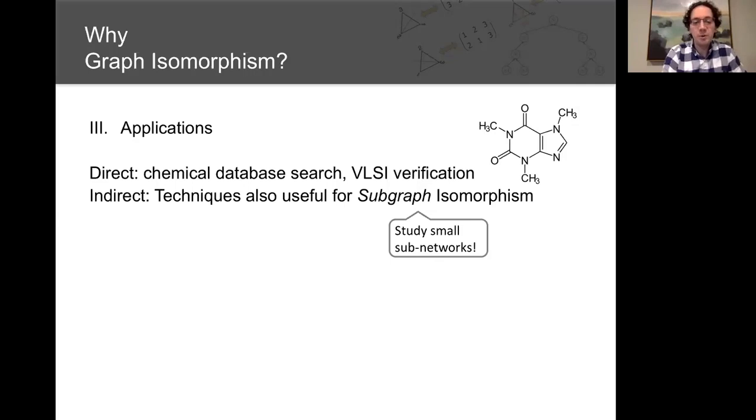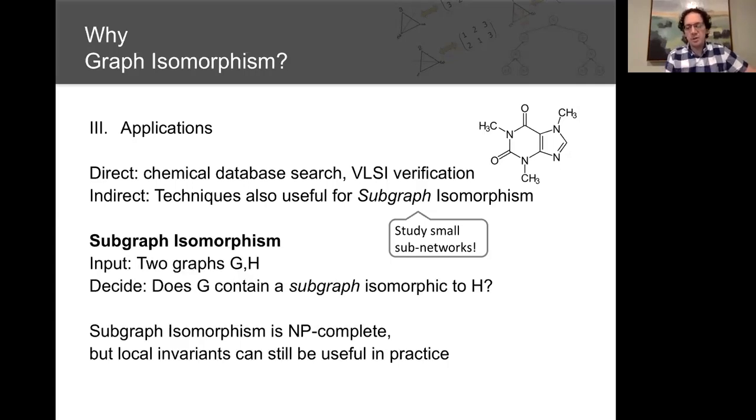But then there are a ton of indirect applications, because techniques that are used in graph isomorphism, like these local invariants I mentioned, are also useful for subgraph isomorphism. And this is exactly the problem of trying to study a network by looking at its small subnetworks. So in subgraph isomorphism, you're also given two graphs, G and H, but now we're thinking of H as much smaller than G. And the question is, does G contain a subgraph isomorphic to H?